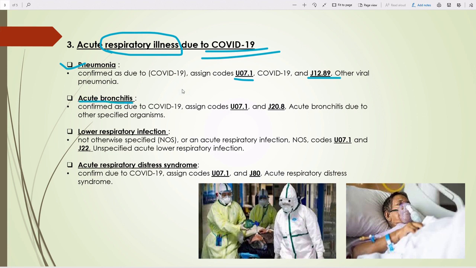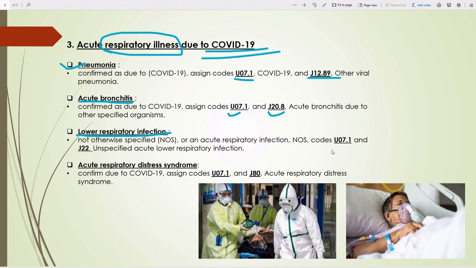In case of acute bronchitis, if it is confirmed as due to COVID-19, then as usual the PDX is U07.1, the COVID-19 code, followed by J20.8, acute bronchitis due to other specified organism. Then lower respiratory infection, upper respiratory infection, anything not otherwise specified, NOS, or an acute respiratory infection, NOS.